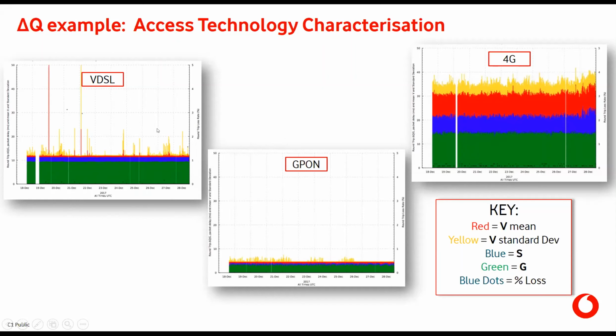We started looking at the characterization of different access technologies, and you can see how each technology has a different characterization. The GPON line has a relatively small G, S and V. The 4G line had a relatively large component from each of the G, S and V. The VDSL had a larger G than the GPON, and a larger S really because it's a lower speed line.